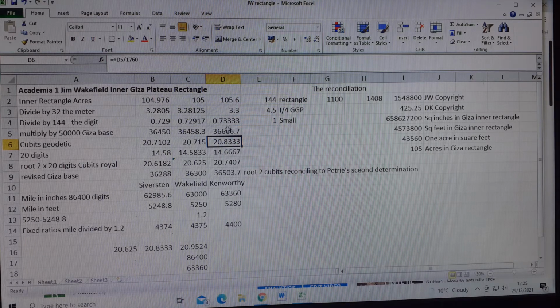It's only when we come to this column, where the number of acres are 105.6, that we're getting the cubit that I'm suggesting is the base 100 cubit. It's 100 divided by 4.8, or 1,000 divided by 48, 20.833. And that, multiplied by 0.99, 99% of that, 99 divided by 100, is Jim's cubit.